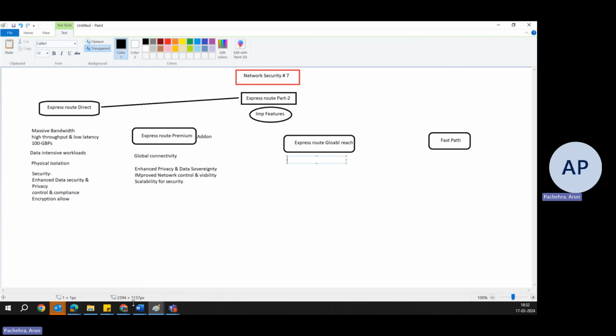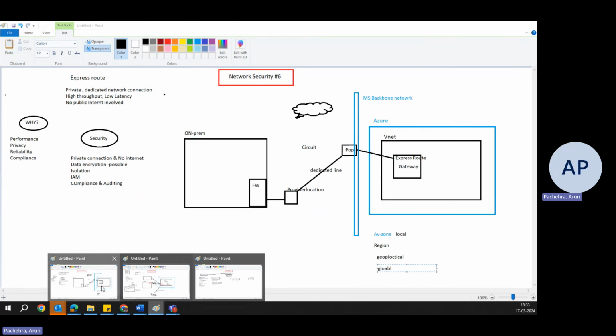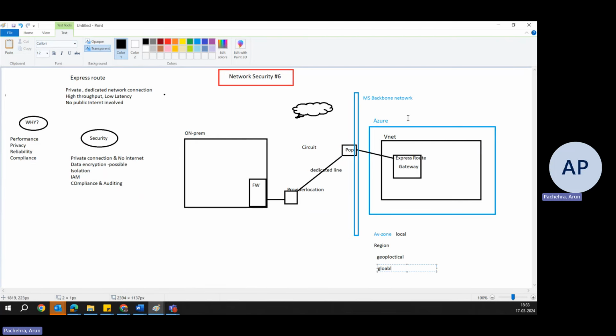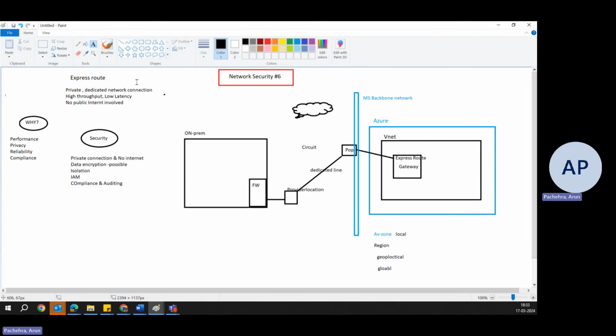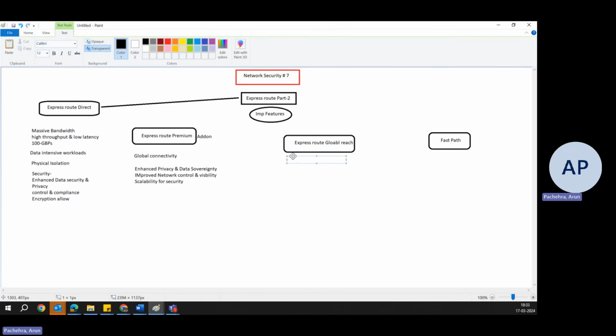For example, this is one on-prem, and there is another on-prem somewhere here. This can talk to this through the Microsoft backbone like this. So ultimately, these two are connected through the backbone. This is what Global Reach is, and now you can easily understand how it's different from the premium add-on.